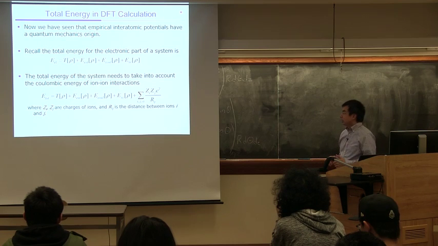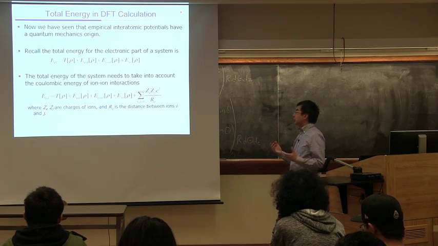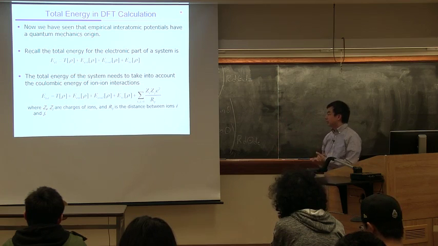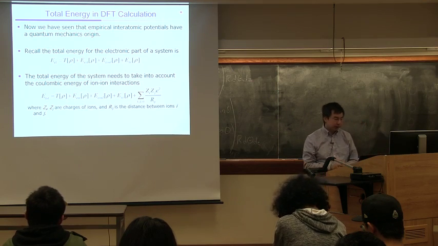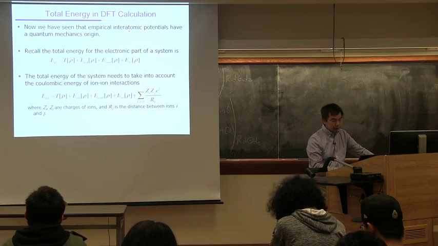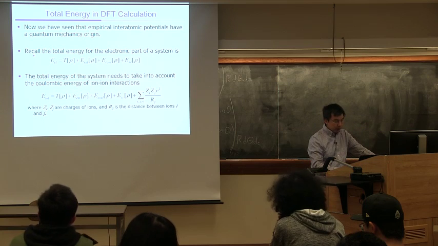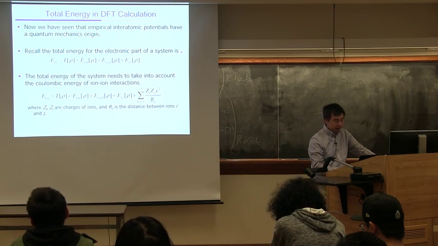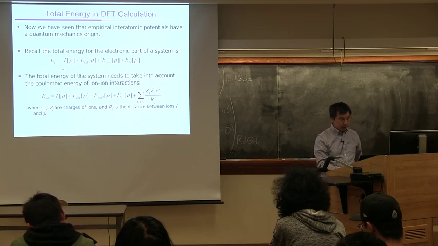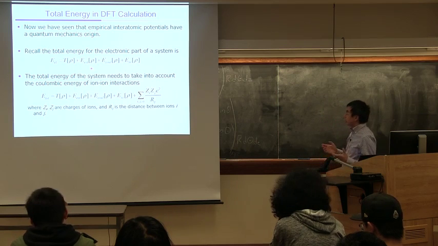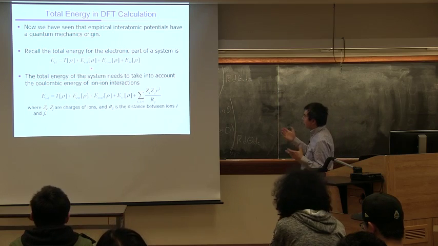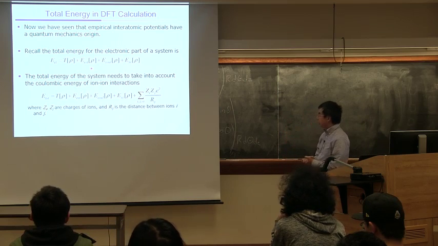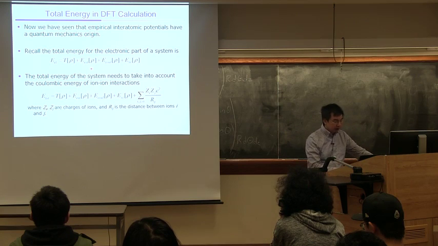Okay, so now how do we represent the total energy in the DFT calculation, right? We already talked a little bit about it in the ab initio molecular dynamics, but let's look at it again. So the empirical potential has a quantum mechanical nature. And so the total potential energy for the electronic system is the four terms summed up. Okay. Now, for the system where we include nuclei, we also need to take into account the Coulomb energy for ion-ion interaction, right?